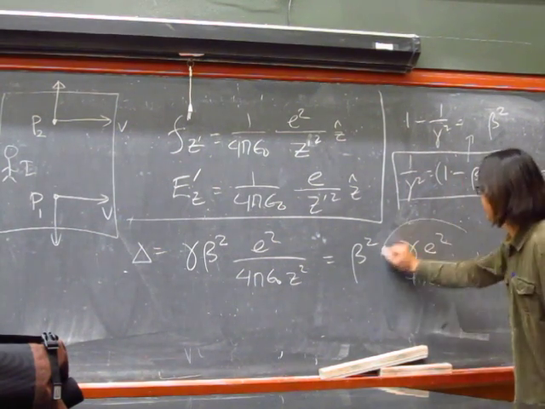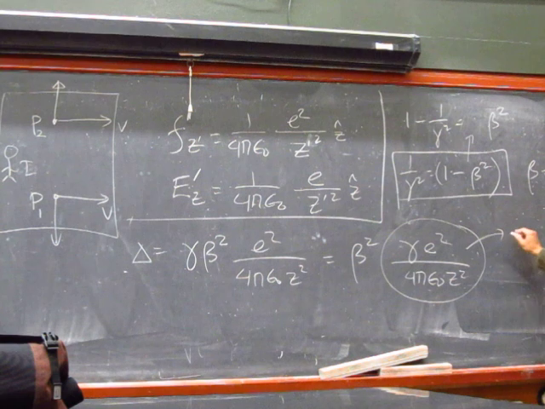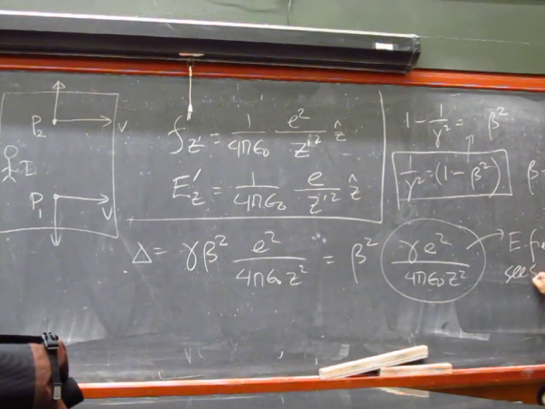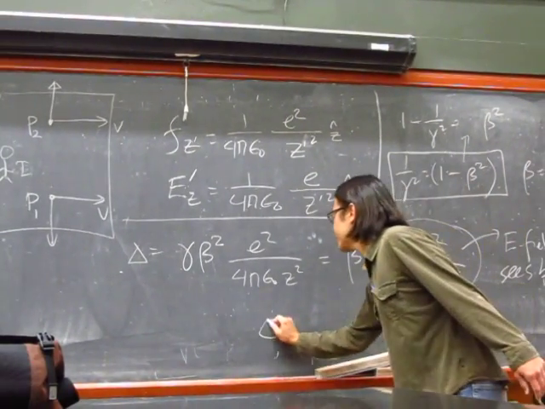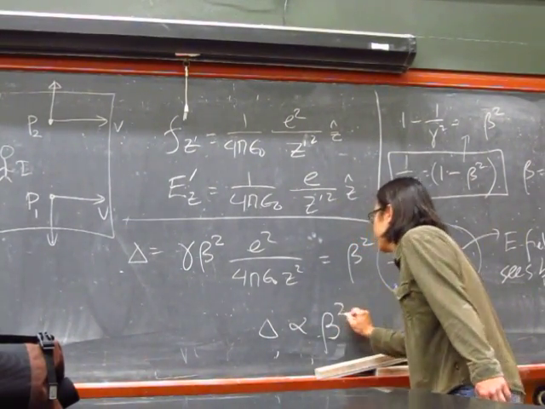And this is just the electric field, right? Notice that the discrepancy delta is proportional to beta squared.